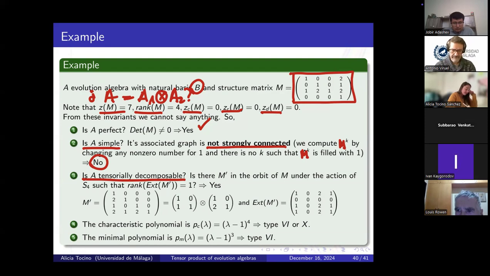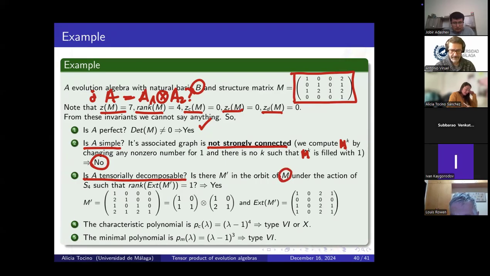We compute all the matrices in the orbit of M under the action of S4, and we get one matrix, M prime, which can be written in terms of the Kronecker product of two matrices. So the extended matrix has rank 1. So the answer is yes.